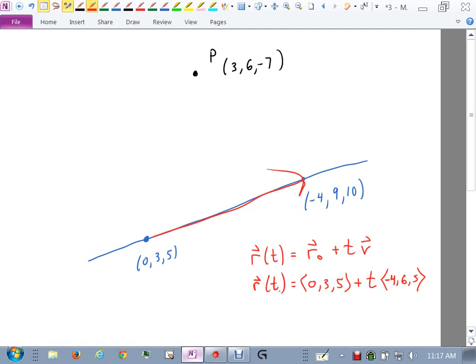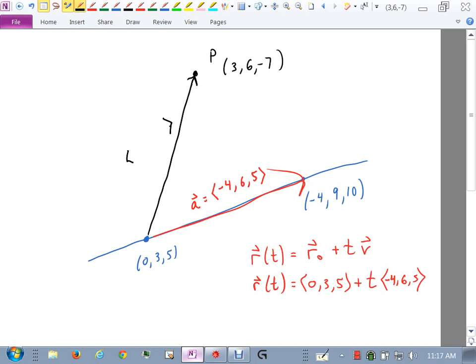Now, getting back to this question, all we need to find the distance is a vector A, which lives on our line, which we could use this direction vector for A, right? This A. And then B is any vector that goes from any point on the line to the point that we're interested in.